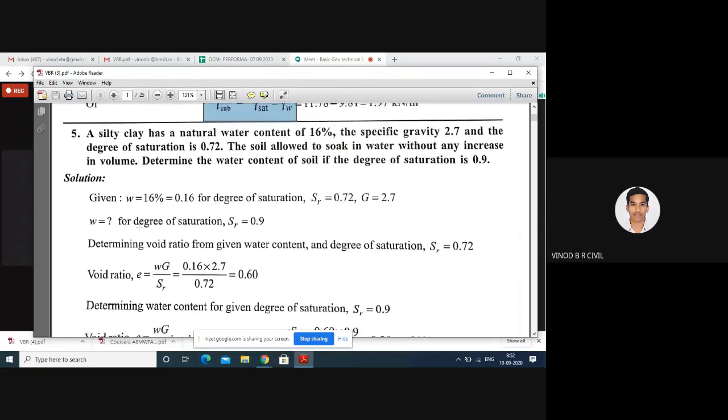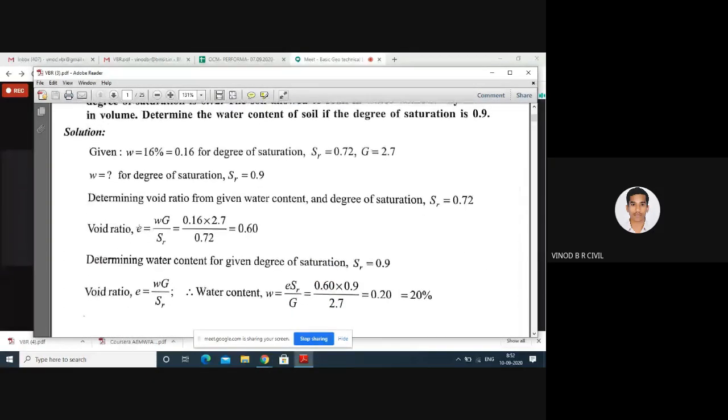Again, we have to go for the void ratio expression, that is, void ratio E equals W into G divided by SR. W is 0.16, that is 16% given in the problem.